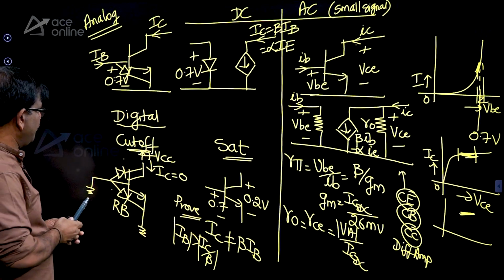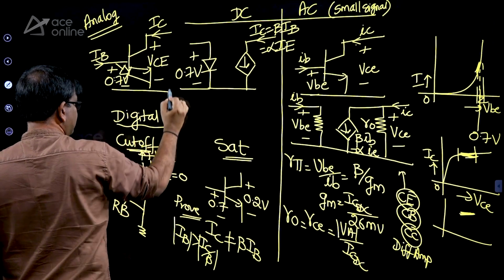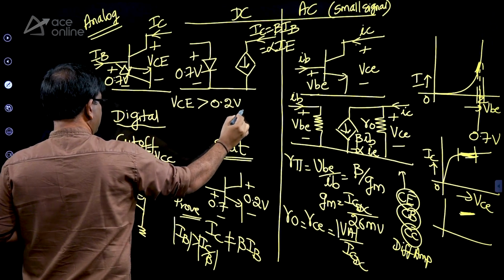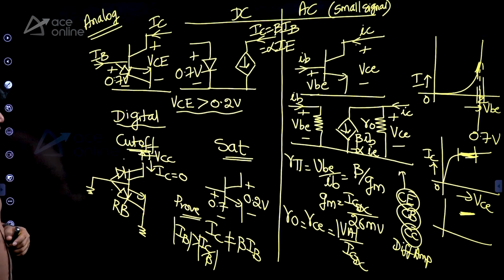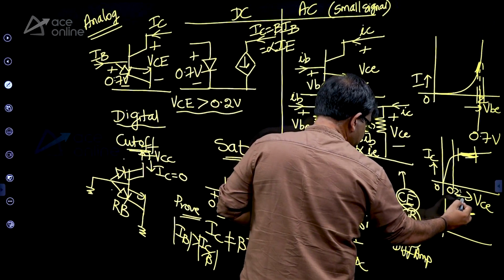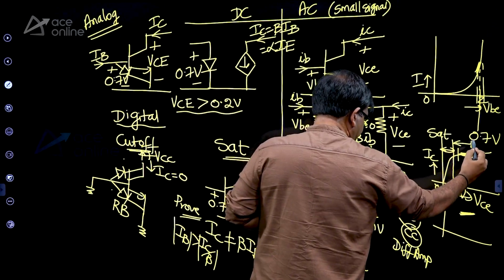In active region, you will always see that this VC is always greater than 0.2 volts, because 0.2 is the saturation. This regime is called the saturation, and this is the active region.